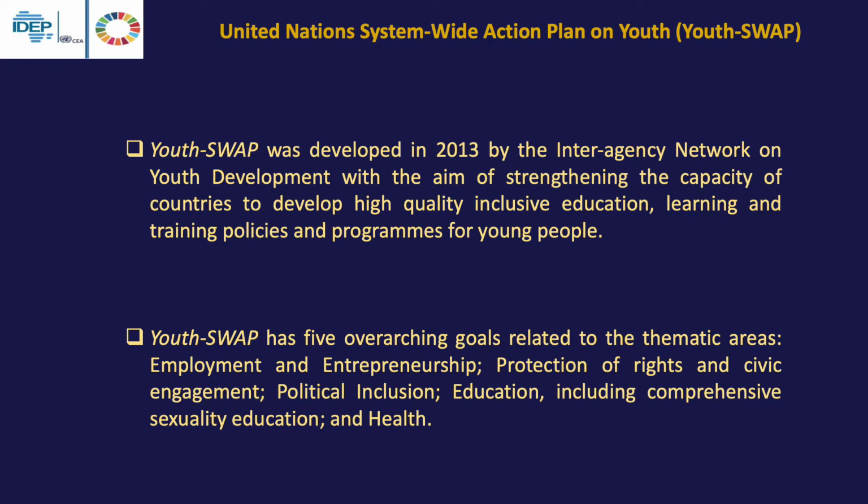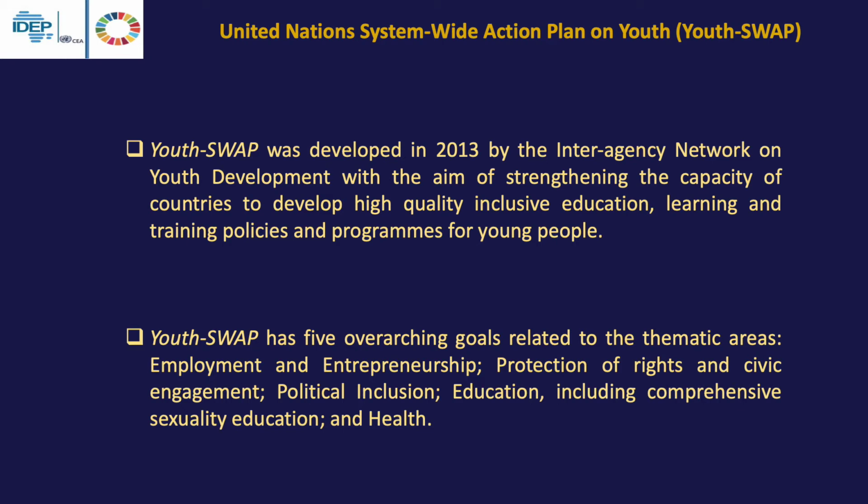Known as the Youth SWAP, the United Nations System-Wide Action Plan on Youth was developed in 2013 by the Inter-agency Network on Youth Development with the aim to strengthen the capacity of countries to develop high-quality, inclusive education, learning and training policies and programs that promote youth development.